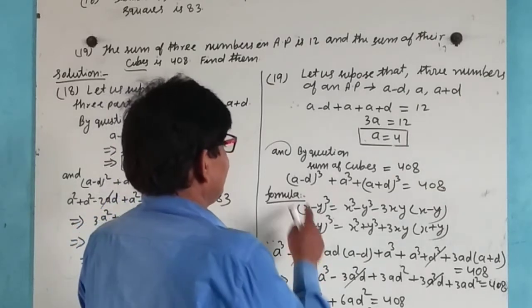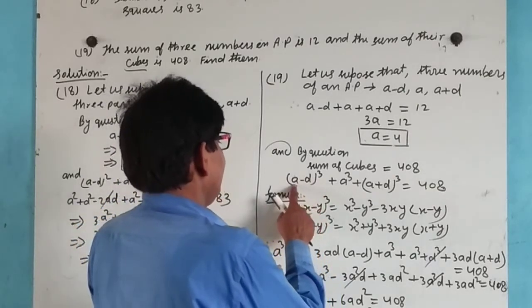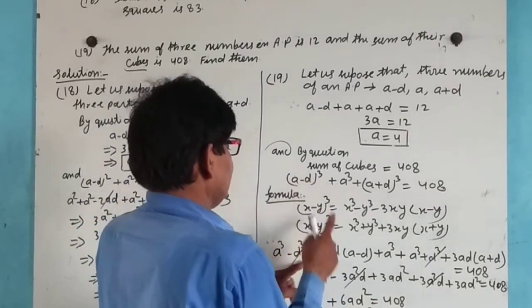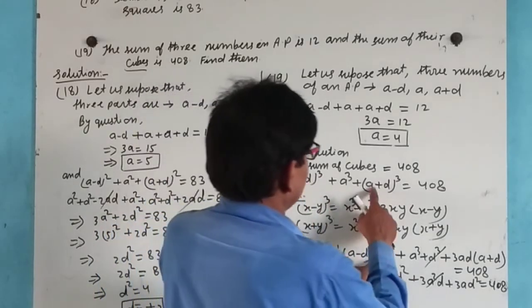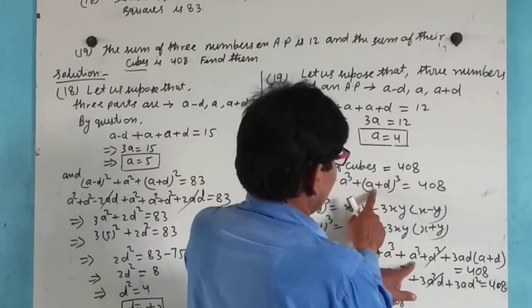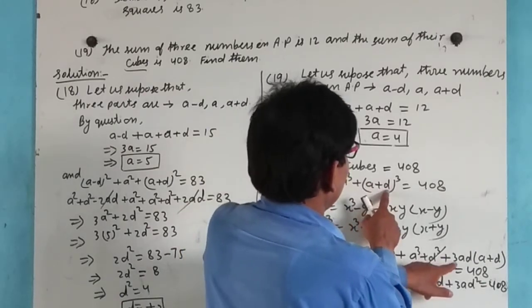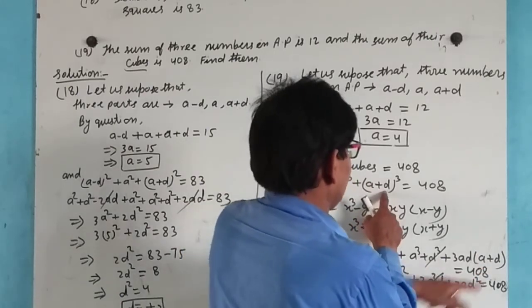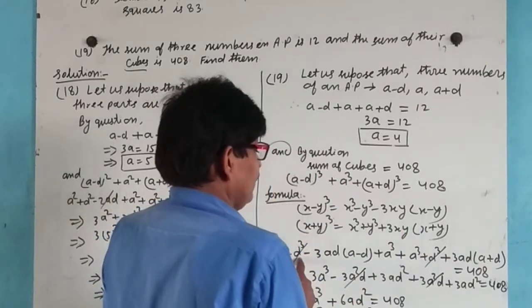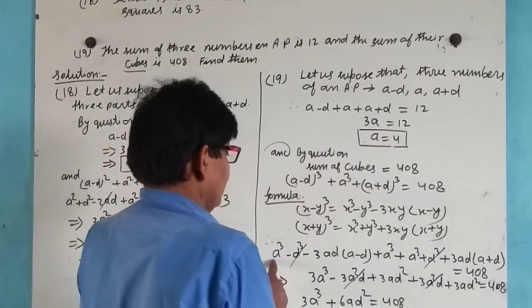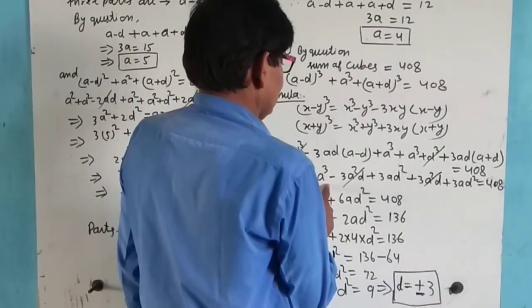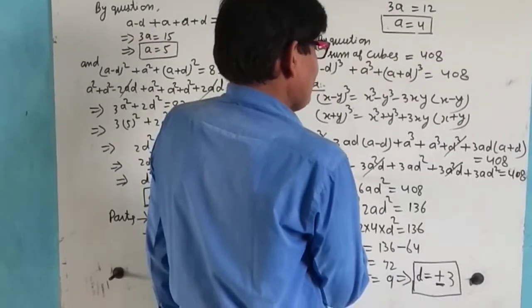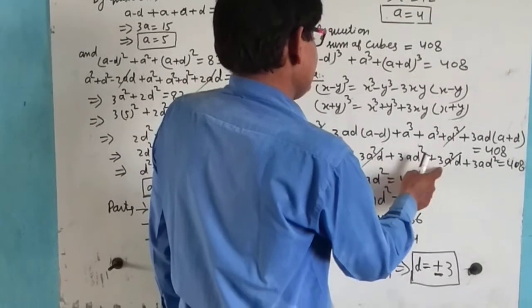On the basis of this, it can be written as a cube minus b cube minus 3ab equals a minus d, and a cube plus d cube plus 3ab equals a plus d. Now this d cancels, a cube and 3a cube, and here this term is cancelled.